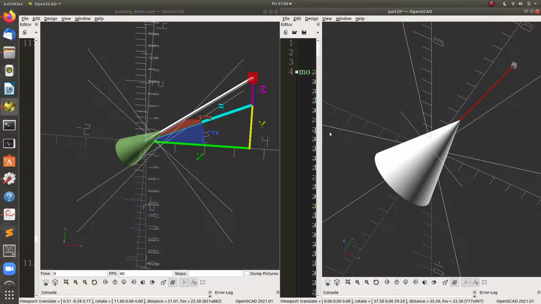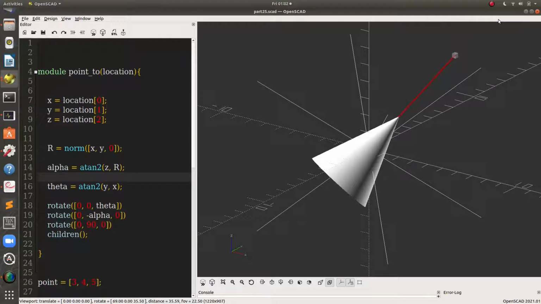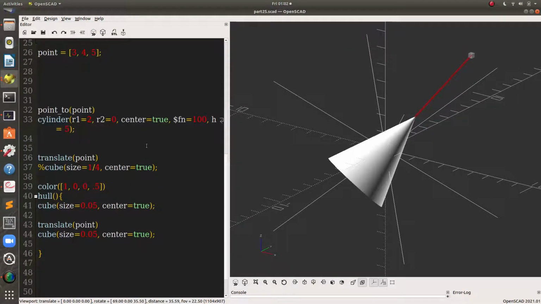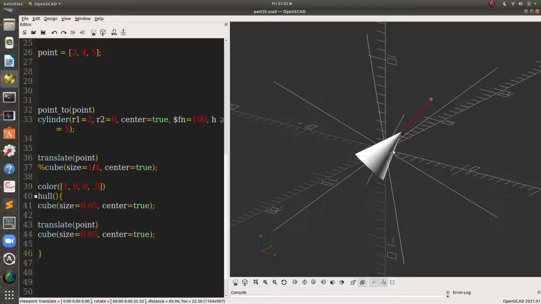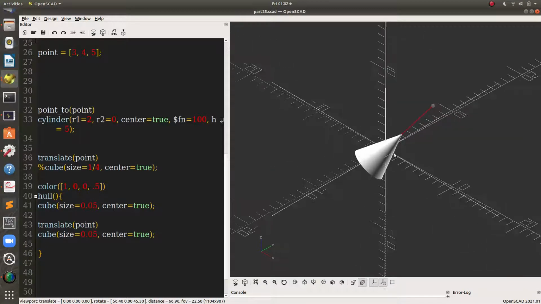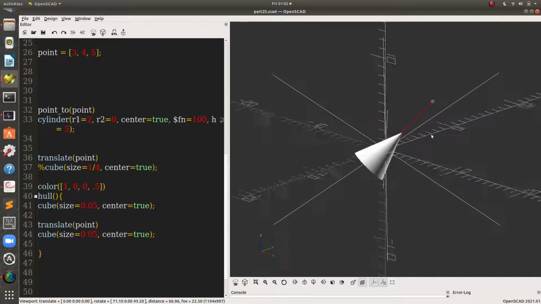So something that we can do, I'm going to bring this to the full screen now. Okay. Now that we have this, I think I can have a little bit of fun with it. One trick is that this cone is not necessarily on the origin like it is here conveniently, it could be anywhere in space.